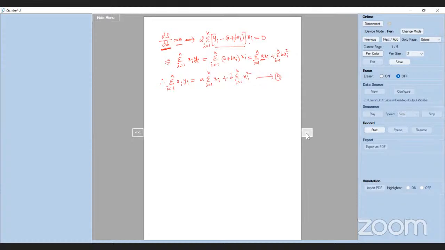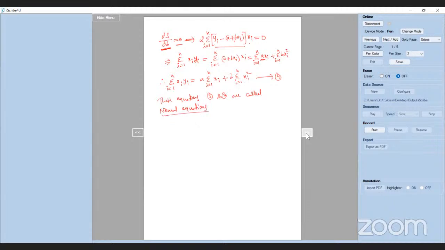Now, observe equation 3 and equation 4. These equations 3 and 4 are called normal equations.